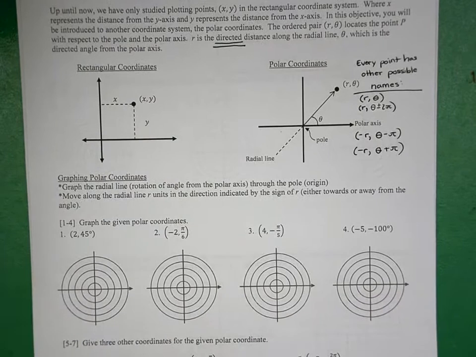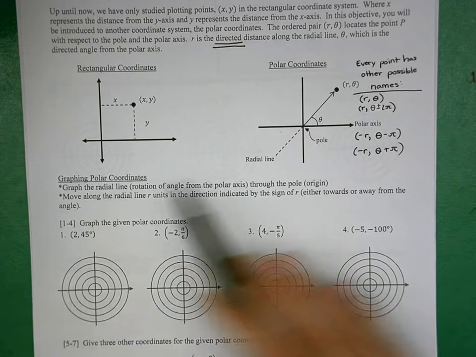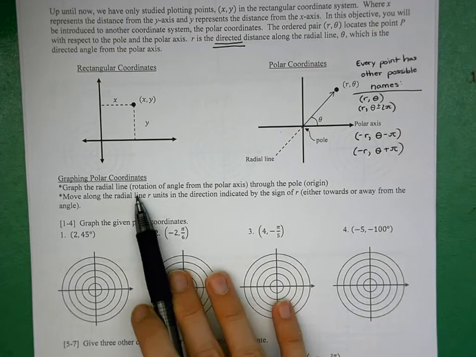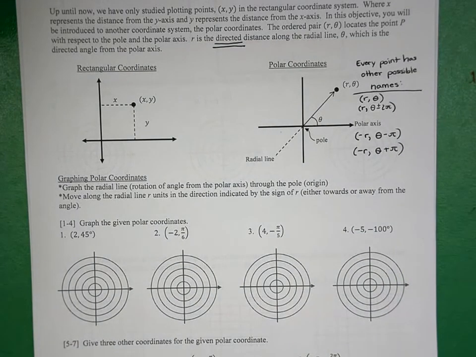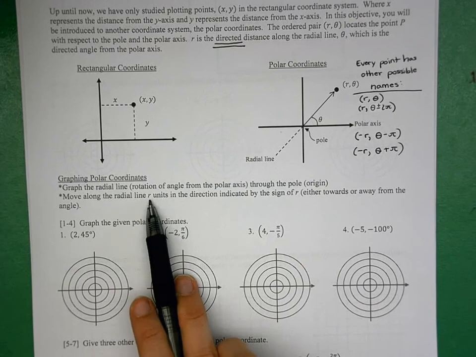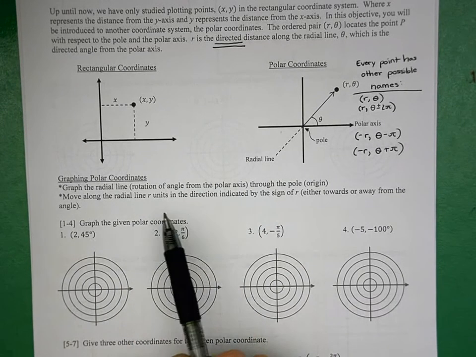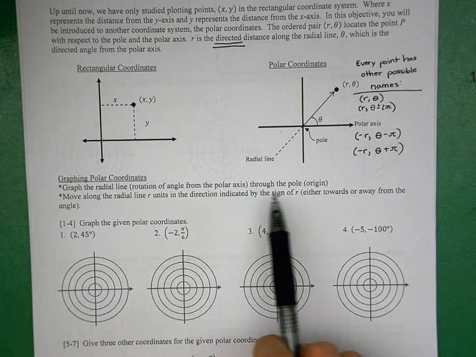Okay, final thing here for graphing polar coordinates, and I've been referencing this a little bit in my explanation. Again, you're going to see it modeled shortly. When graphing polar coordinates, we start by graphing our radial line, which is this piece here, the rotation of your angle from your polar axis through the pole. And so you're graphing that angle the same way you have always graphed the angle. You're then going to move along your radial line r units, so 2, 3, 4, whatever the case may be, in the direction indicated by the sign of r.